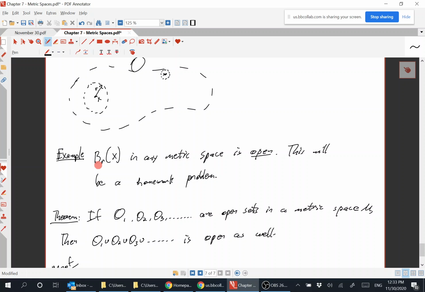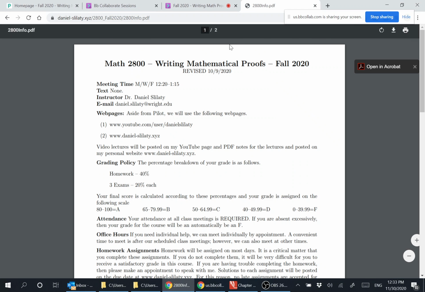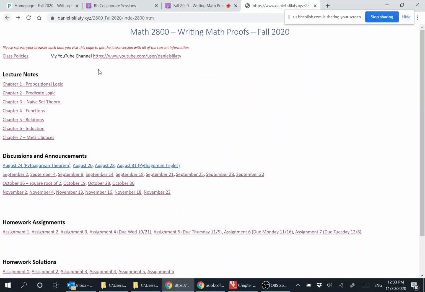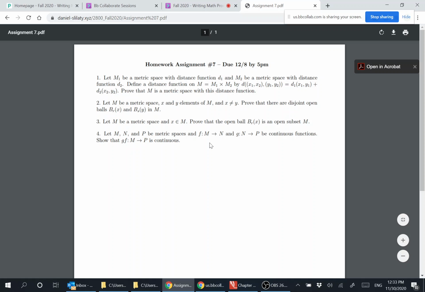Example: the open ball itself, B sub R of X, is itself an open subset. This will be a homework problem, number 3.